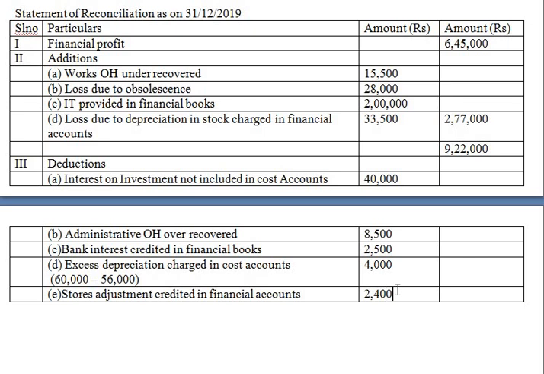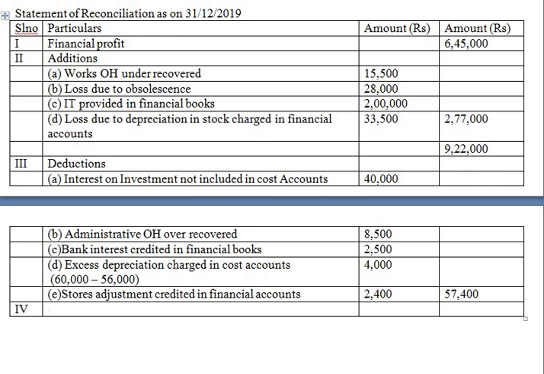Now make a total, that is 57,400. Now deduct this, so this will be your costing profit, that is 8,64,600. So this is your costing profit.